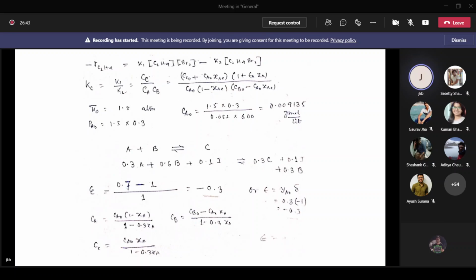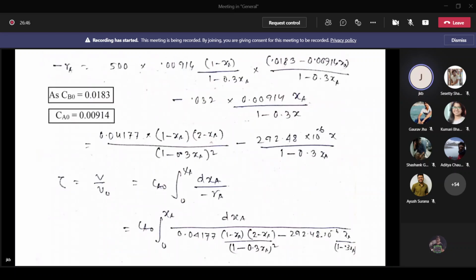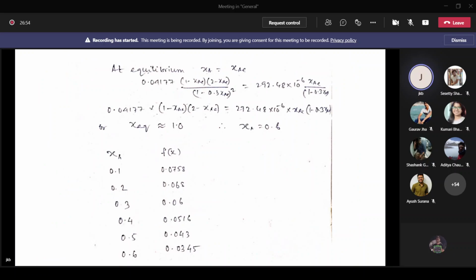Then we cannot find the design volume, the reactor volume, up to 60% because the maximum possible conversion in that case is 0.55. That's why you always have to check the maximum possible conversion. Here by trial and error method, X equivalent is approximately 1. So we can go up to 60%. There will be no problem.